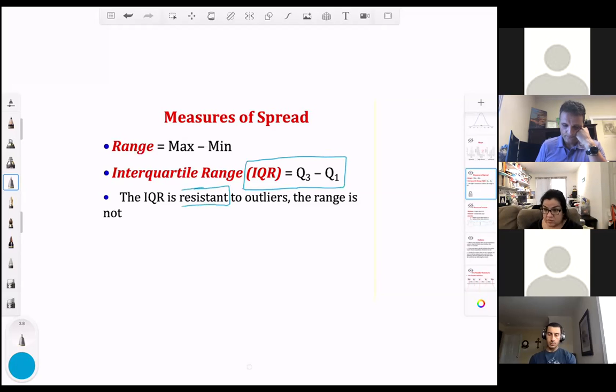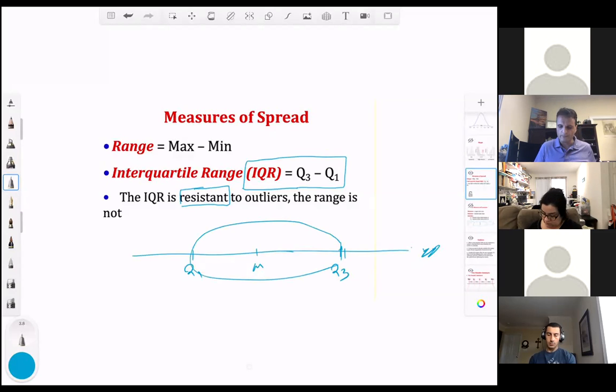This means if you remove the outlier, nothing is going to happen to the IQR, because this is the median, this is Q1, that's Q3. The outlier usually is out there. If you remove it, nothing is going to happen to the difference of Q3 minus Q1. So those are definitions that we're going to use the entire semester.